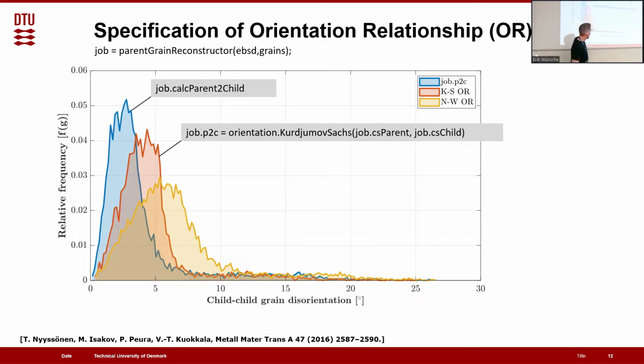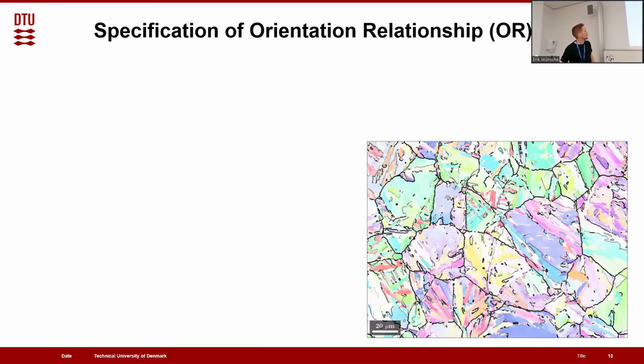And the further we have to the right, the worse a fit we have, of course, meaning that Nishiyama-Wassermann is not really a good descriptor of the actual orientation relationship. Kurdjumov-Sachs is a bit better, but we can get a lot better by actually iteratively refining this orientation relationship. So this is a very good indicator, and if you have a data set and your distribution is somewhere all the way to the right, you should ask yourself if you at all have an orientation relationship. So this gives you a good indication of how successful you're going to be with your reconstruction.